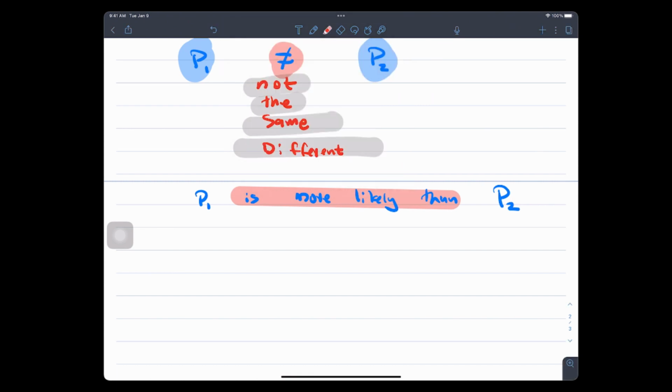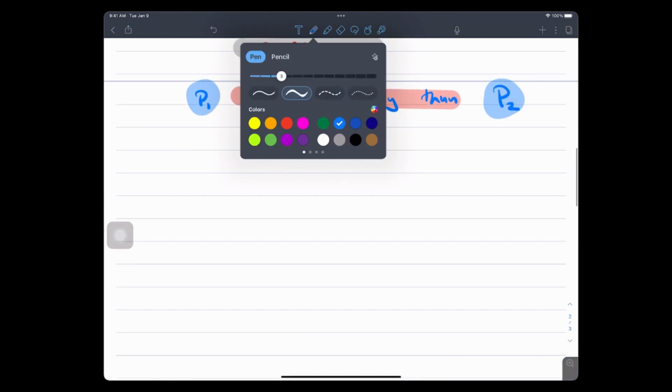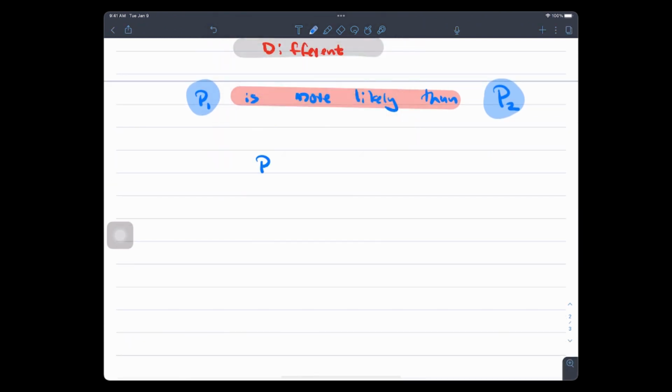What's this about? What's more likely? How do you represent this phrase? There you go. Okay, you guys okay with that?